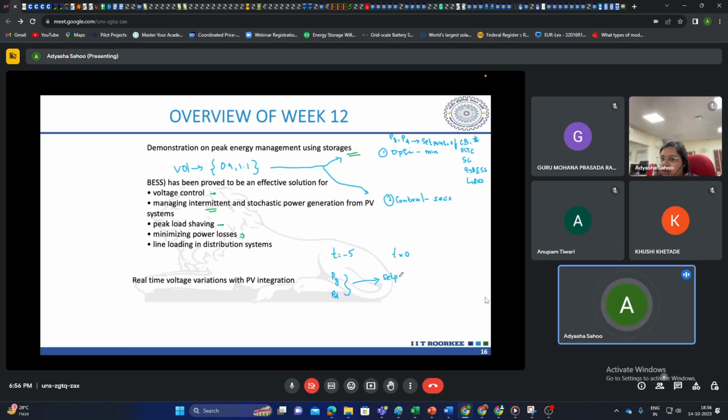But again, in real time, the forecast may change, right? So there may be variations. So this PG and PD may change to PG dash and PD dash. If the devices remain fixed at those set points, then it may lead to violations. So for that, we have these control algorithms.